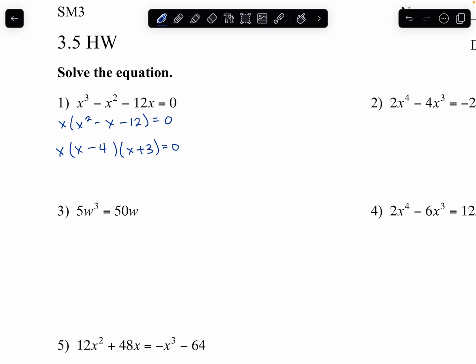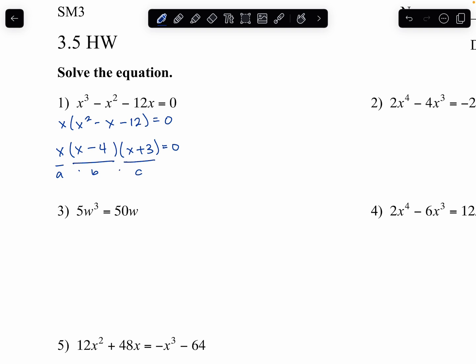Okay, so now that I have these 3 factors right here, they're set equal to 0. This is the easiest way to find out what values of x will make all this equal to 0, because these are being multiplied. You can think about it as a times b times c.